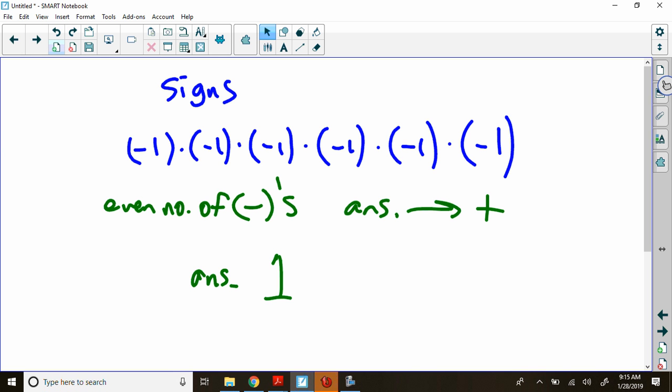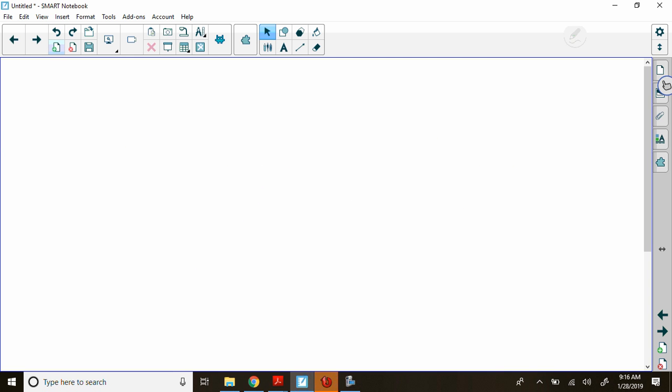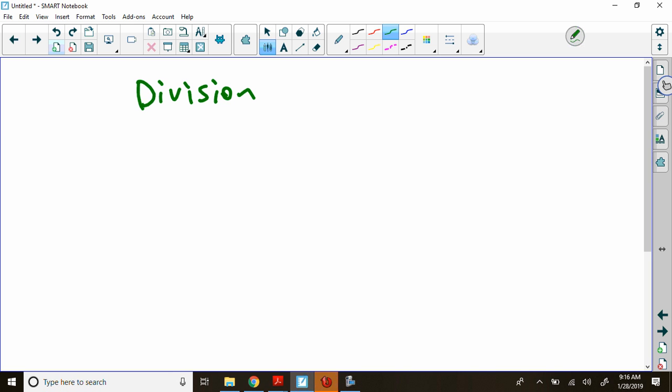All basic things that you picked up somewhere along the line that you're going to need to be cognizant of as we work on polynomial division. Speaking of division, what can I say about division with fractions?